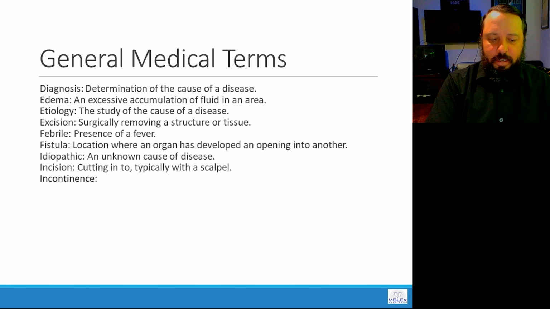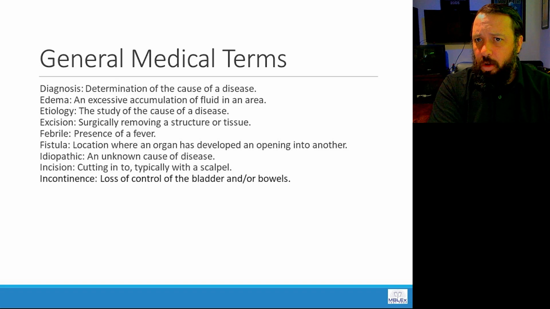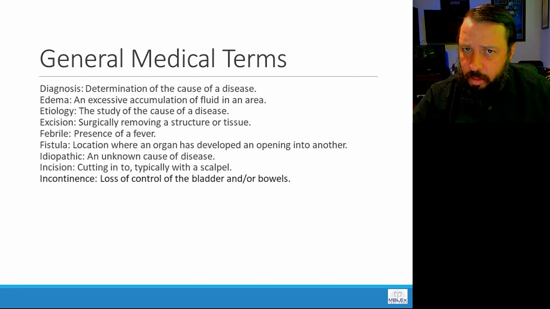Incontinence. If somebody is experiencing incontinence, they have lost control of the bladder or the bowels. They are unable to hold urine or feces in like they normally would be able to. Diapers are available for people who might experience incontinence.